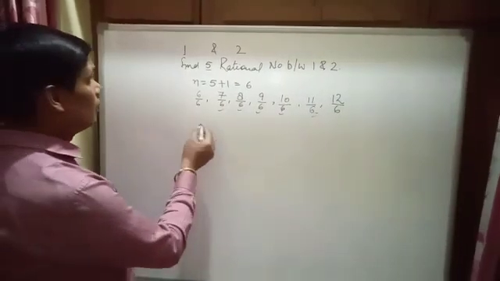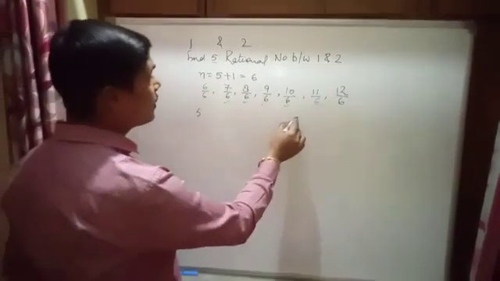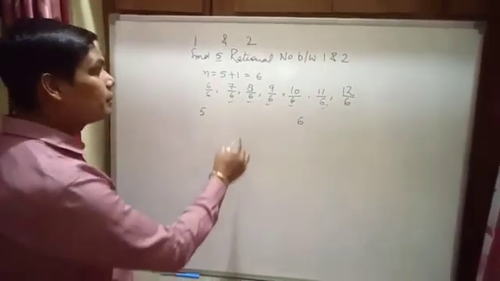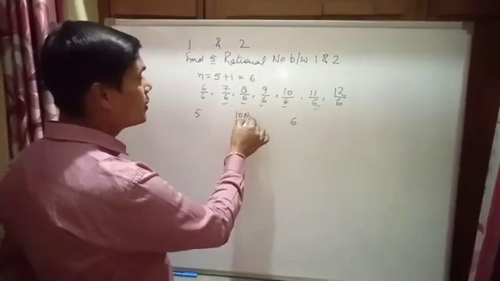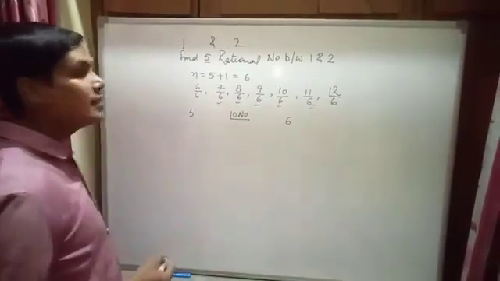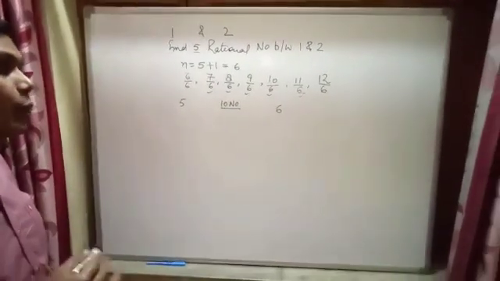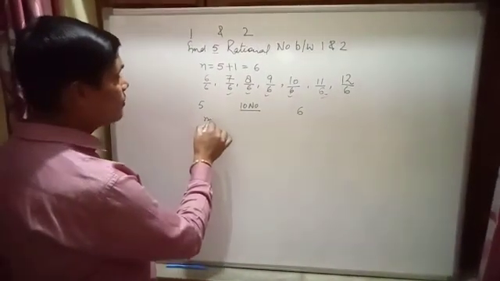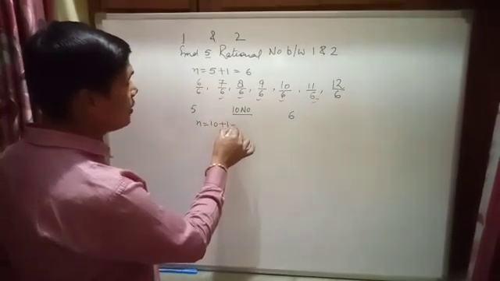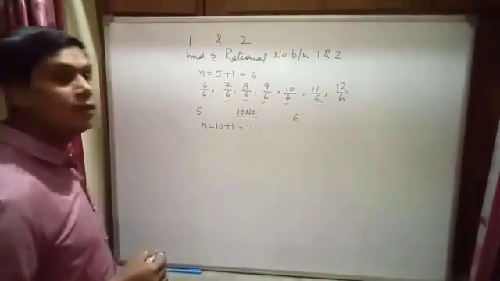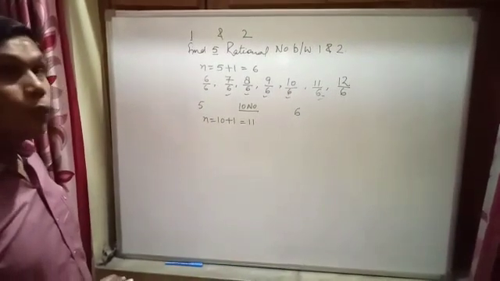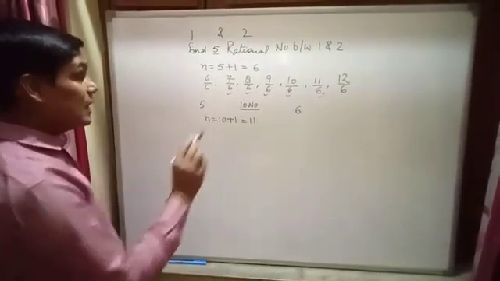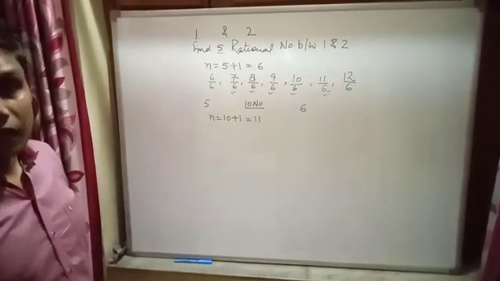Similarly, if there are the numbers 5 and 6, and you want to get 10 numbers in between them, use the same process for it. 5 means the number of terms is equal to 10 plus 1 is equal to 11. It means 11 must be the denominator.